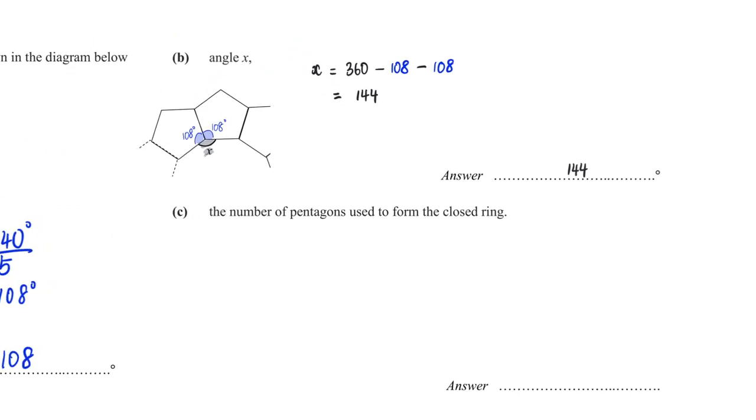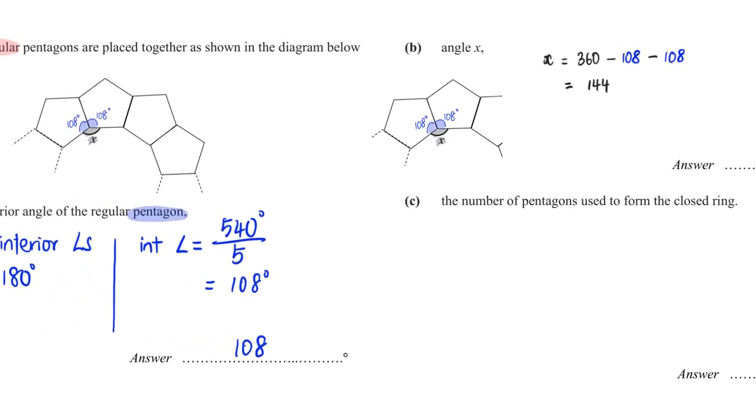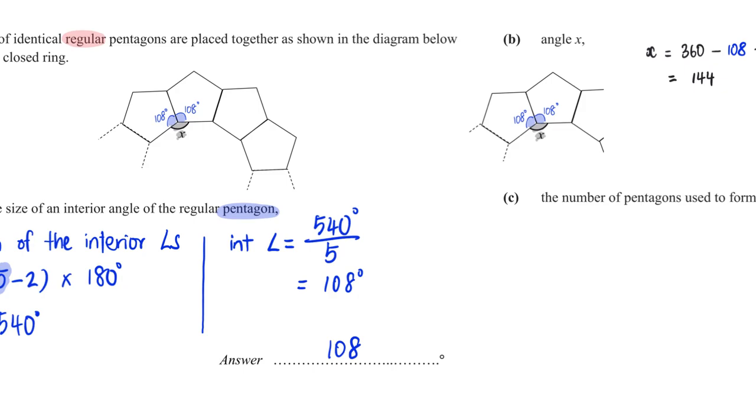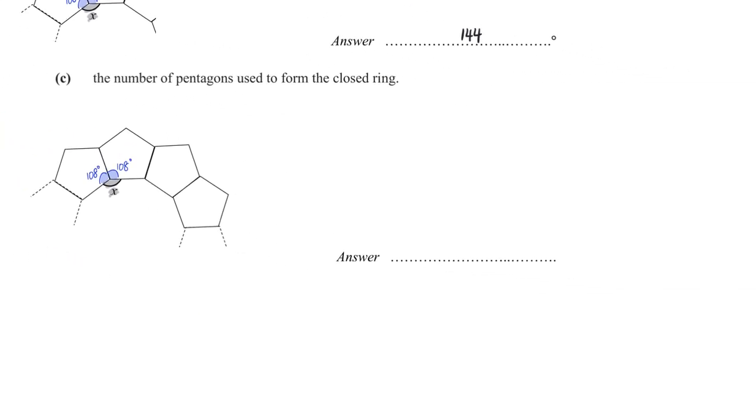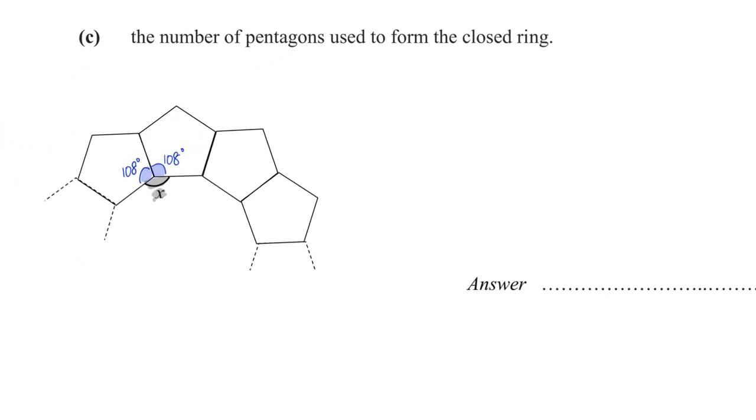And the number of pentagons used to form the closed ring. So going back to this question again, I'm going to just take this screenshot and put it over here. Do notice that this happens to be another regular polygon.